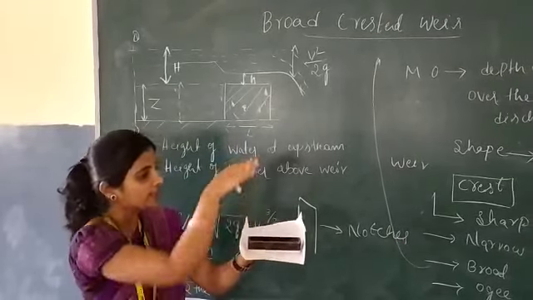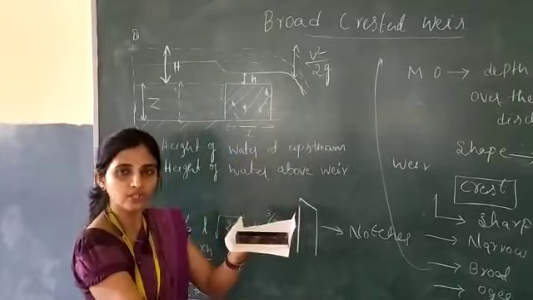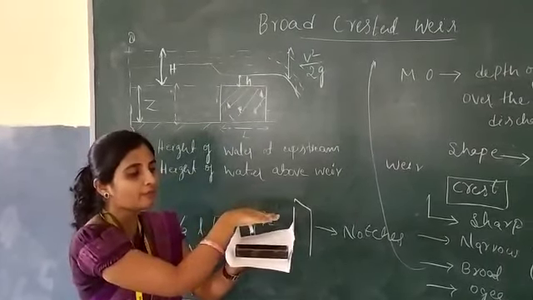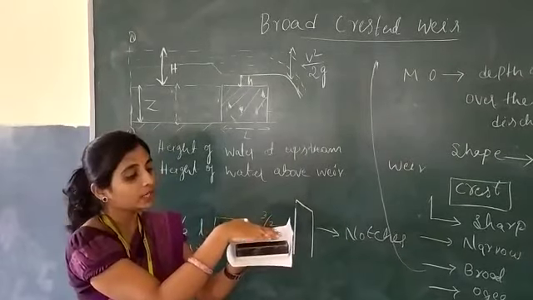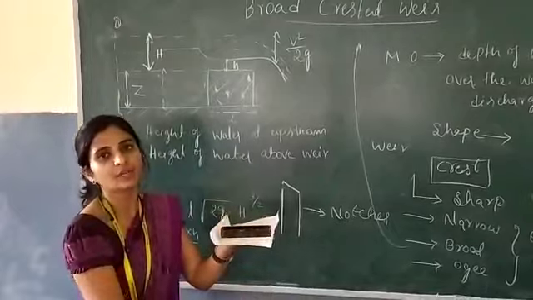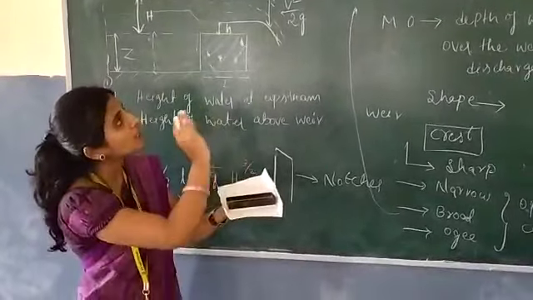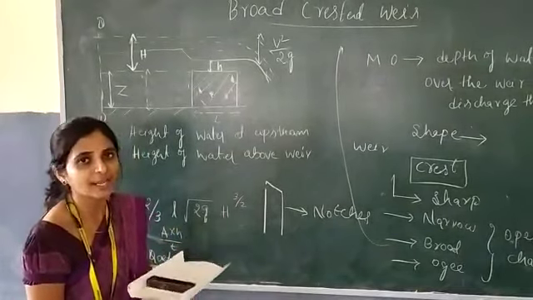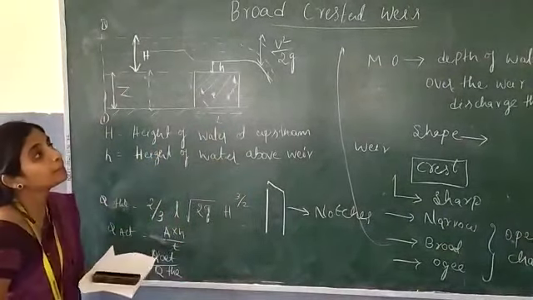This is the upstream, and this is the downstream. Whatever water flows directly onto this obstruction, the discharge will change. This is the concept of the weir that we construct. First I will go with the broad crested weir.